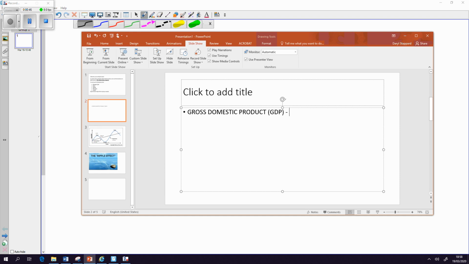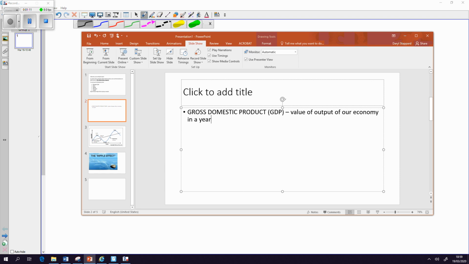Now, a really, really simple way of thinking about GDP is to think about it in terms of this. It's the value of output of our economy in a year. Okay, now all we mean by output is all the different goods and services produced by the people that work within our economy in a year.